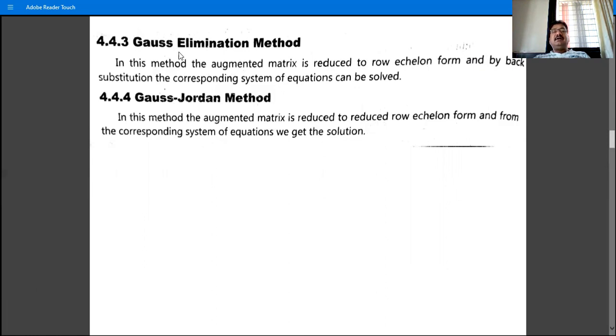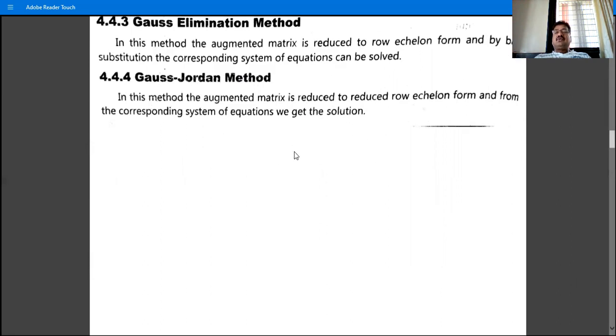So this is the difference between the Gauss elimination method and the Gauss-Jordan method.